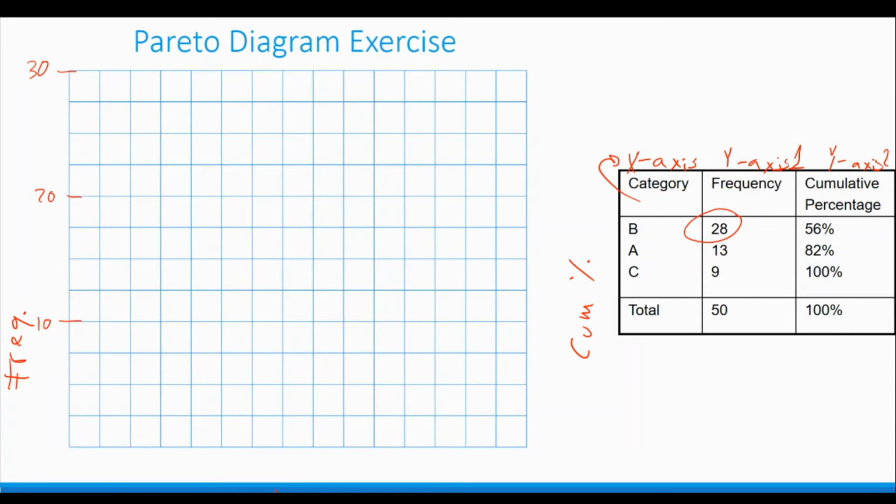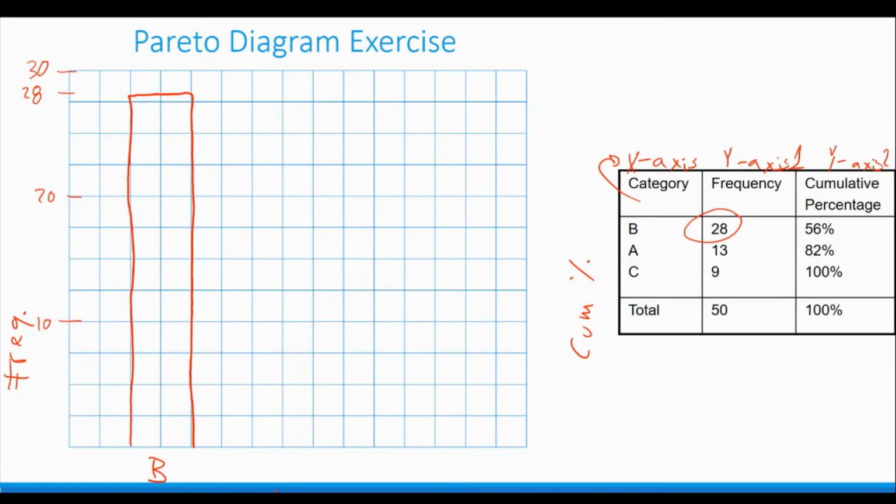And my first category or defect is B, and it happens 28 times. So I'm going to say every square technically is 2.5 units. So I'm going to call this 28. Okay, so this is the B category with 28 times as frequency.